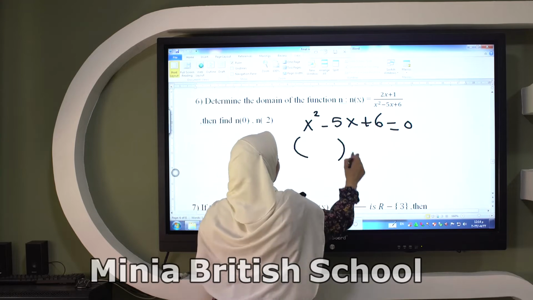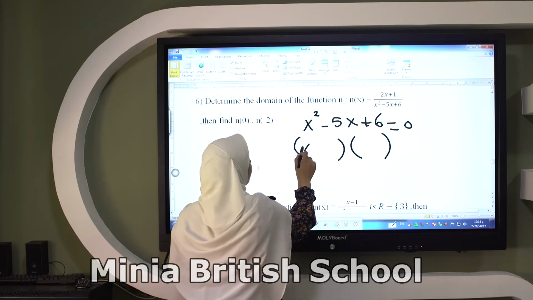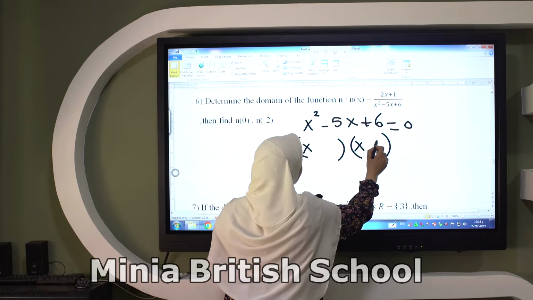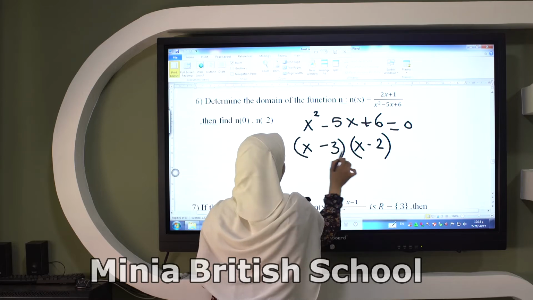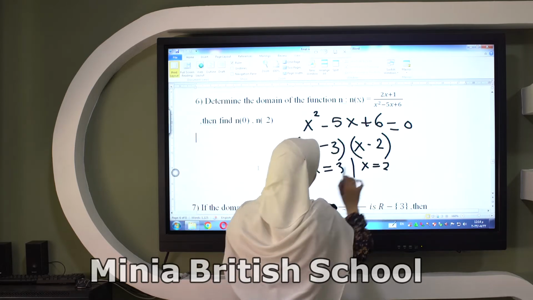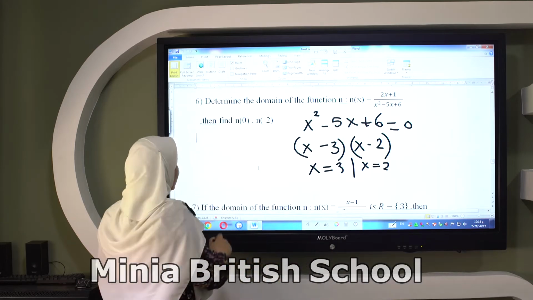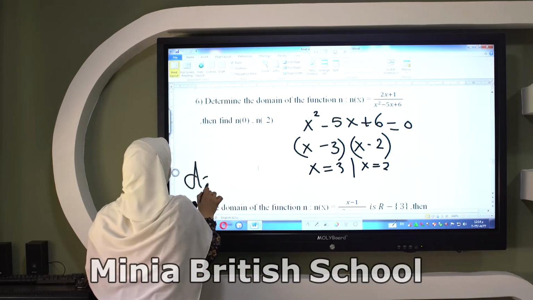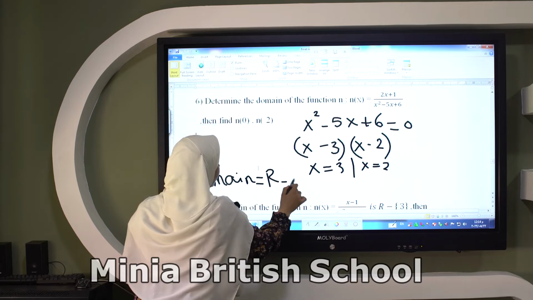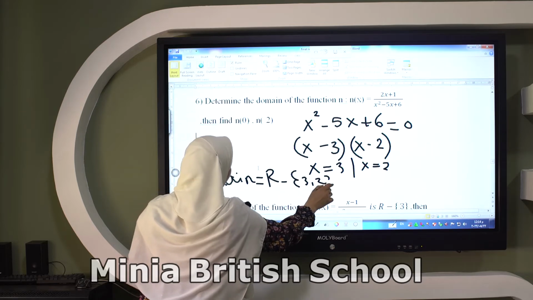Then factorize this equation, we get the two factors, x equals 3, x equals 2. Okay, so the domain of this function is R minus the set of zeros, {3, 2}.